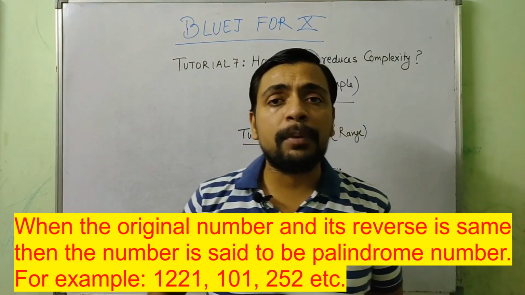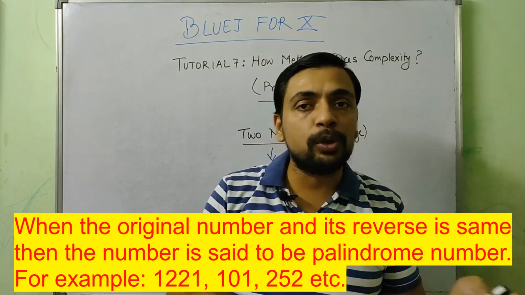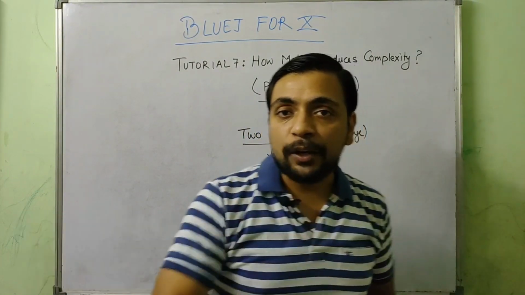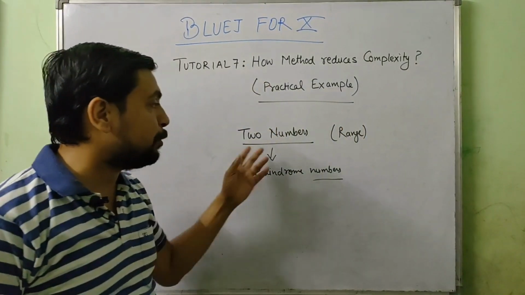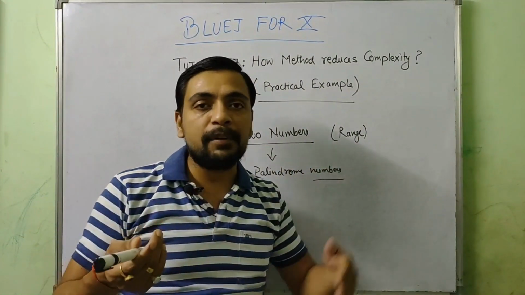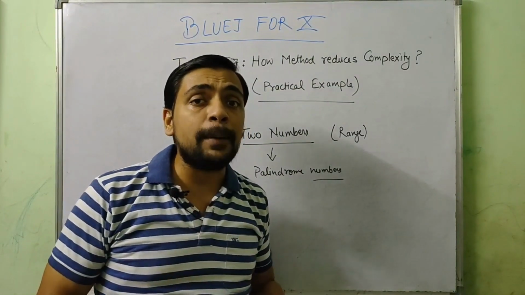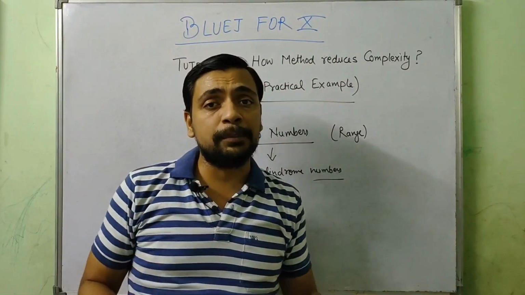These are all palindrome numbers because the original number and its reverse are the same. So in this program we have to accept two numbers from the user, that will be the range, one a smaller number and one a bigger number, and print all the palindrome numbers between these two numbers.